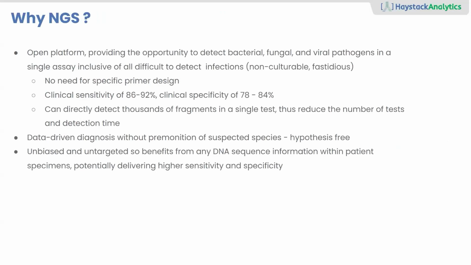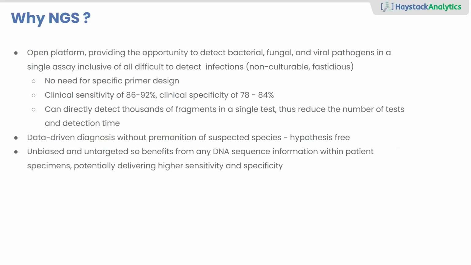So then why NGS? It is an open platform. It provides the opportunity to detect bacterial, fungal and viral organisms all together. You will also get both aerobic and anaerobic bacteria in a single assay. That includes all the difficult organisms, all fastidious organisms, all non-culturable organisms. No need for specific primer design, that is only for PCRs.